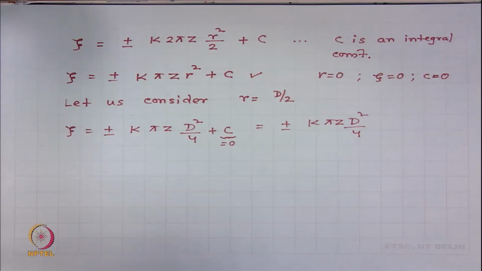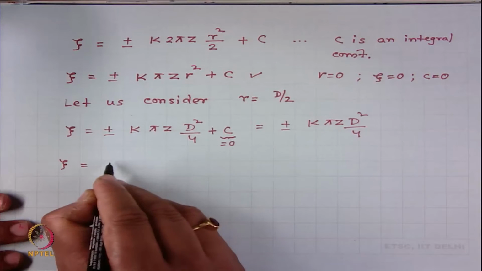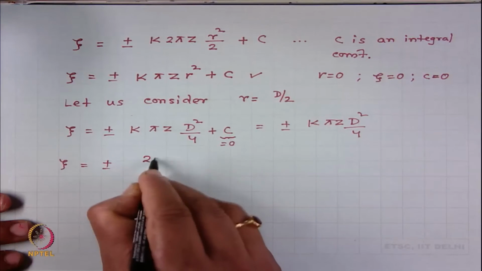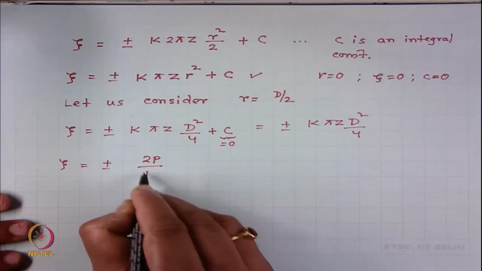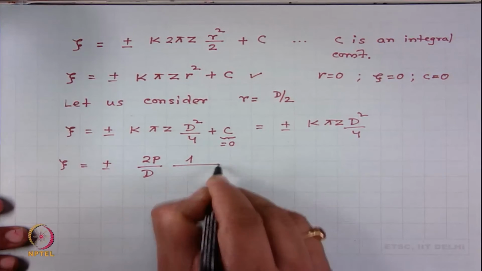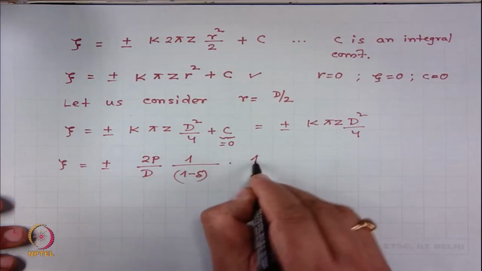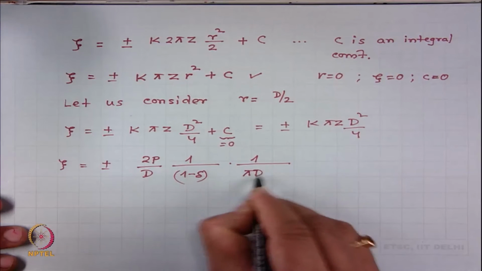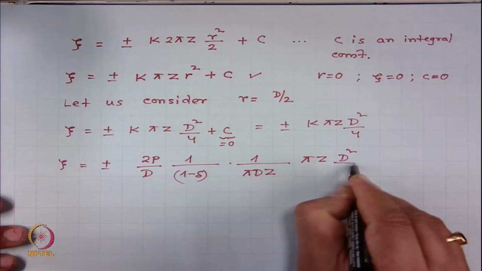What is k? K was 2p by d into 1 by 1 minus retraction into 1 by tangent of beta d. Tangent of beta d is pi d z, into pi z d square by 4.